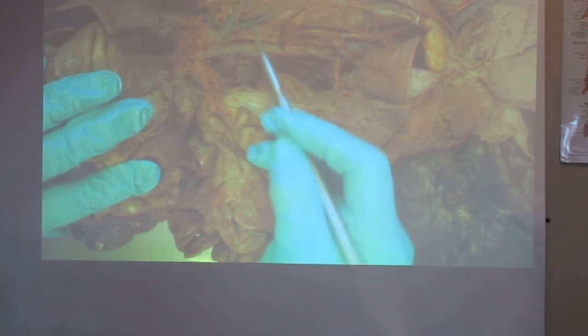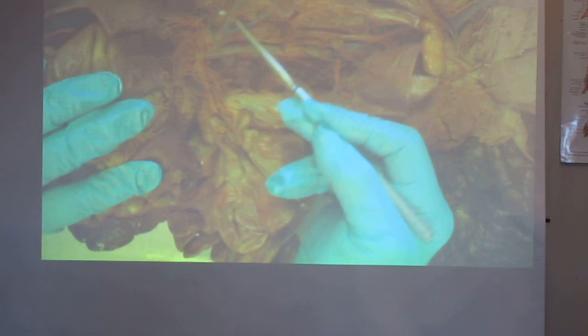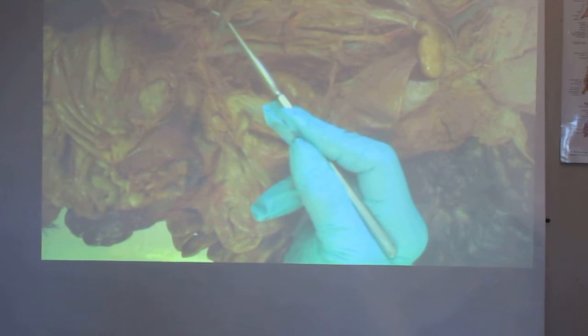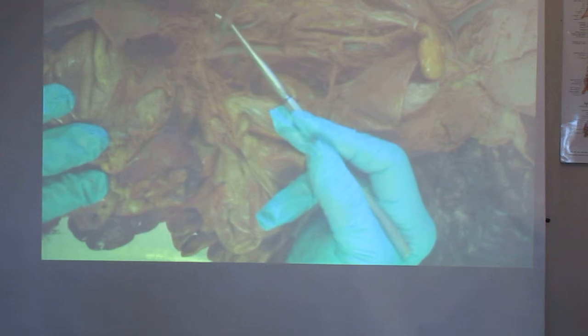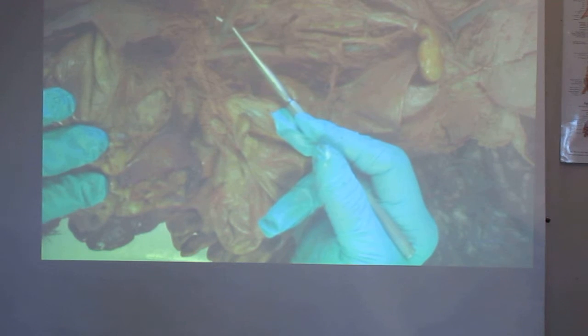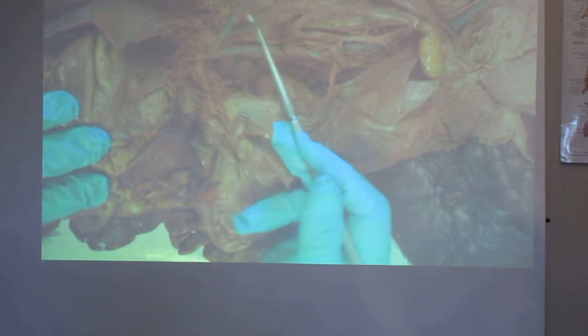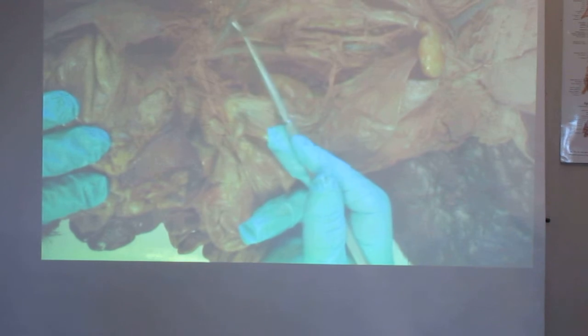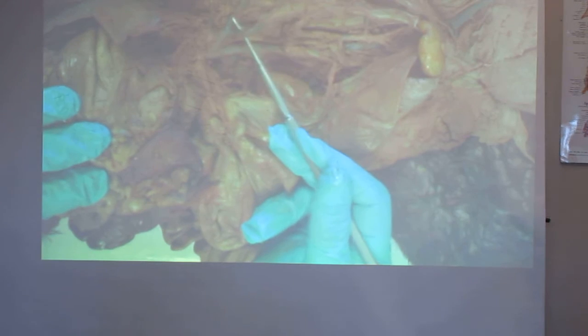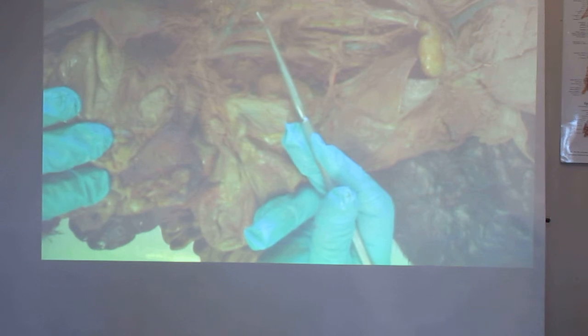Here is our left renal. Here's our kidney. Obviously, if we're draining the kidney and it's blue, it's going to be the renal vein. In class, I said that something else dumps into left renal. You can see it over here. That is the left gonadal.